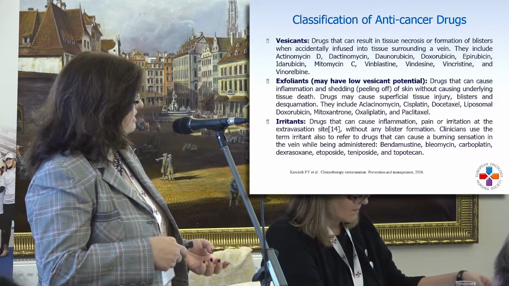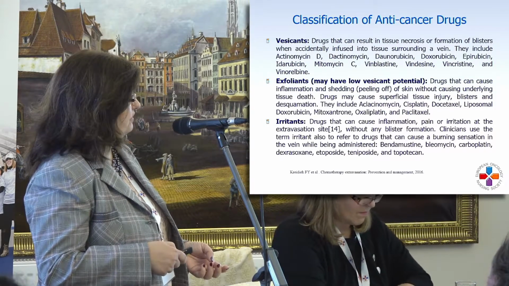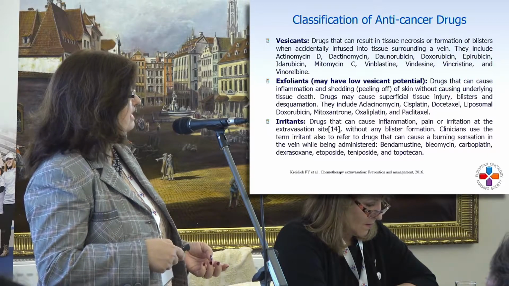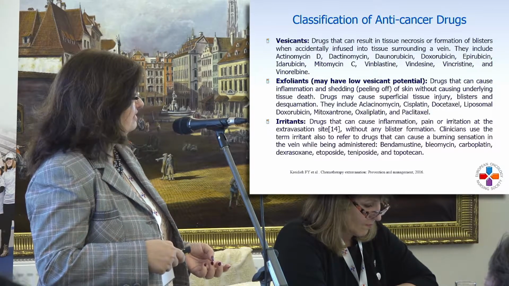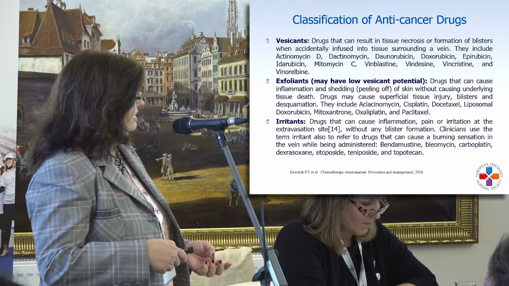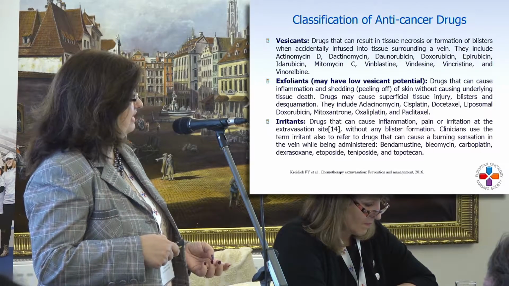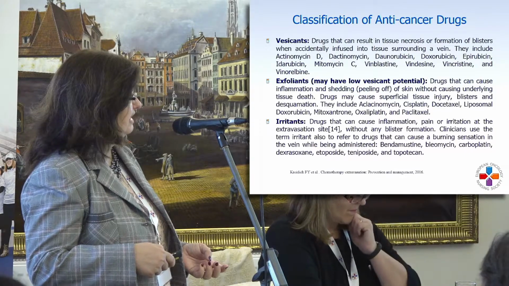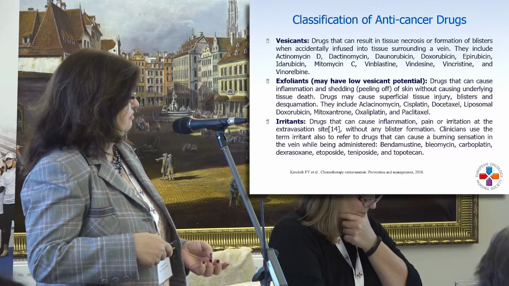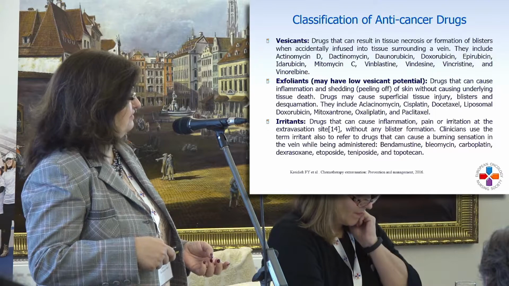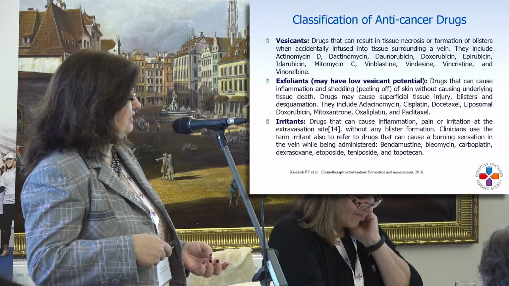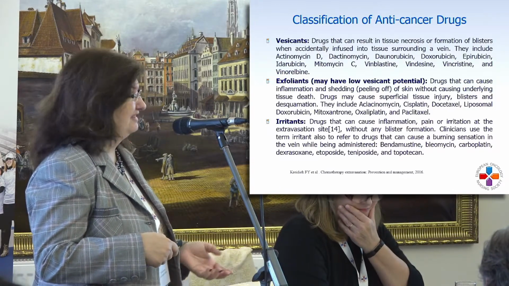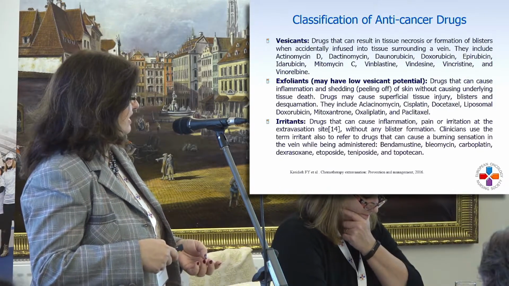Vesicants are drugs that can result in tissue necrosis or formation of blisters when accidentally infused into the tissue surrounding a vein. They include actinomycin D, dactinomycin, daunorubicin, doxorubicin, epirubicin, mitomycin C, vinblastine, vindesine, vincristine, and vinorelbine. Maybe you know these drugs. They are very well known, and we give them everywhere.